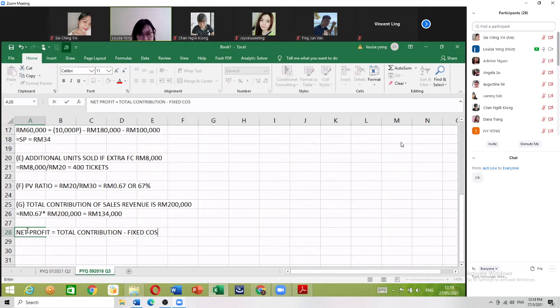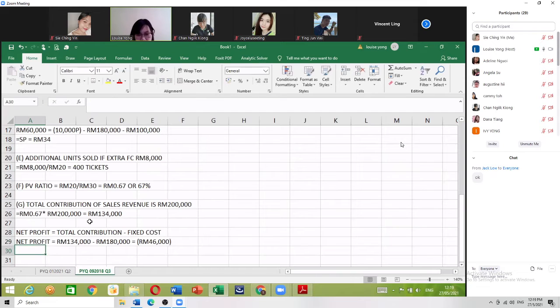So 134 thousand contribution less your fixed cost 180 thousand. Your contribution is not enough to cover your fixed cost, so this is a loss. It's negative, put it in brackets: a loss of 46,000. So doing 200 thousand of business is not enough.